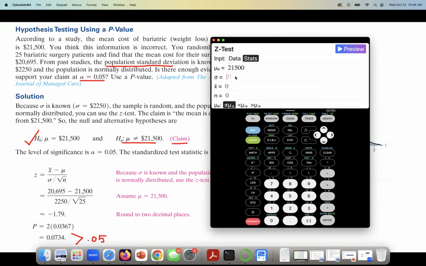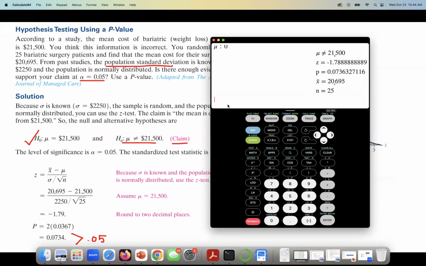Standard deviation of the population is 2,250. The sample mean that we calculated is 20,695. And the number of people in our sample is 25. And it's a two-tailed test, so we're going to select the very first one and then go to calculate.